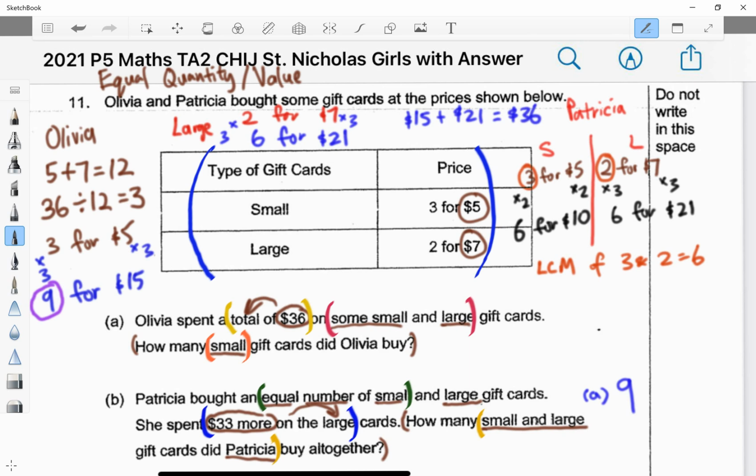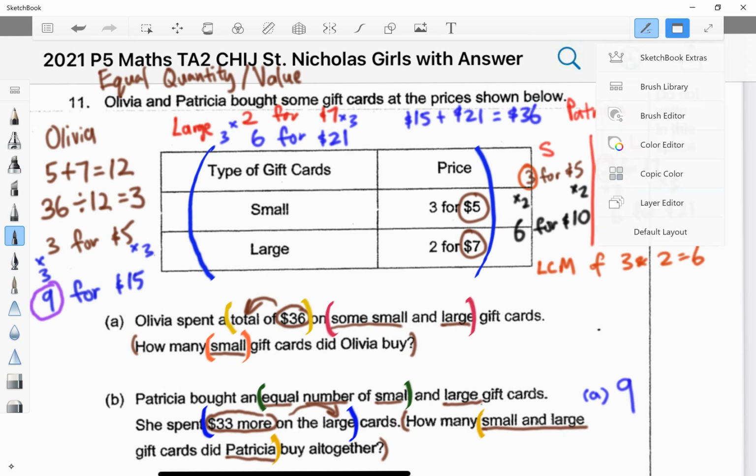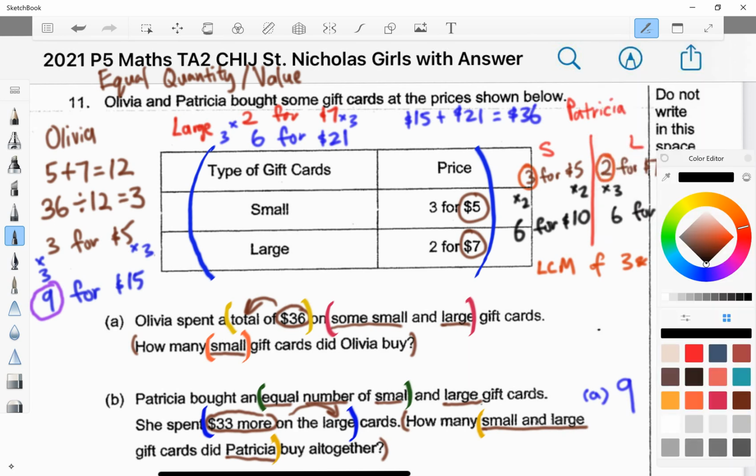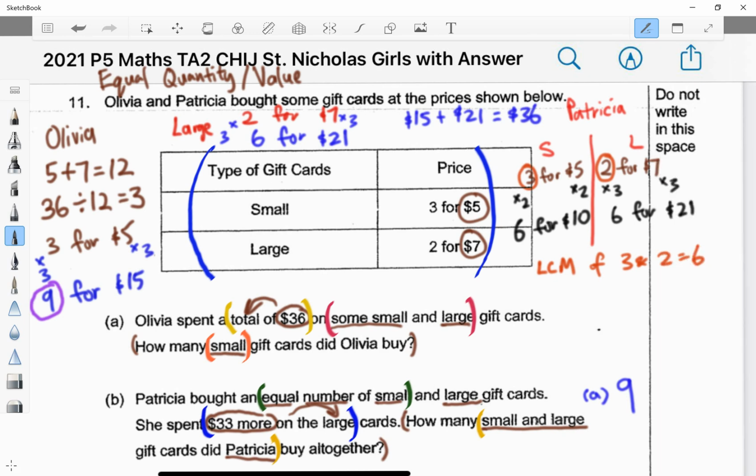Having created the table that shows 6 small gift cards for $10 and 6 large gift cards for $21, my next step is to use the $21 and subtract away the $10.